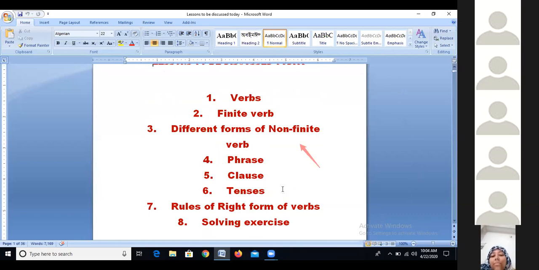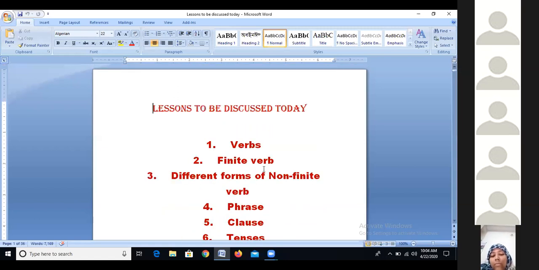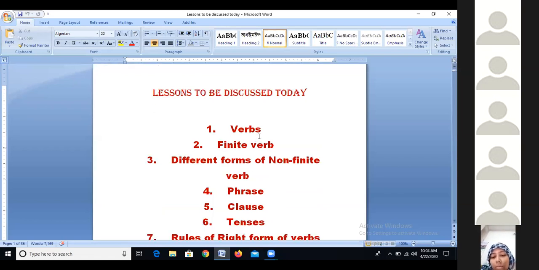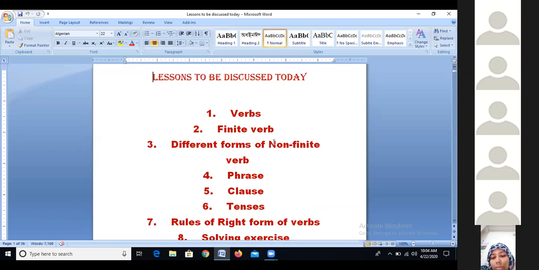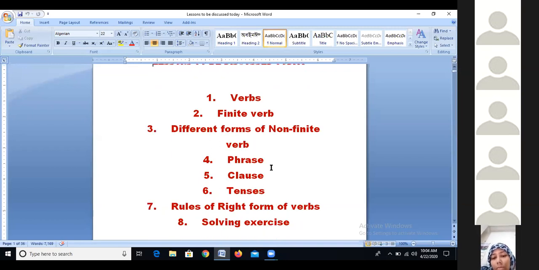So please look at the lessons to be discussed today. We will learn today the definition of verb, then the classification of verbs, that is finite verb, non-finite verb. Then we should know phrase, clause, tenses.